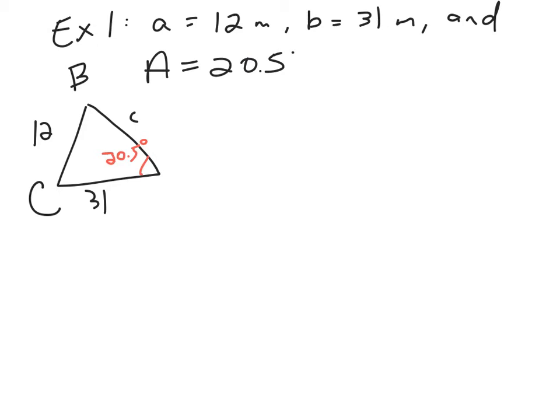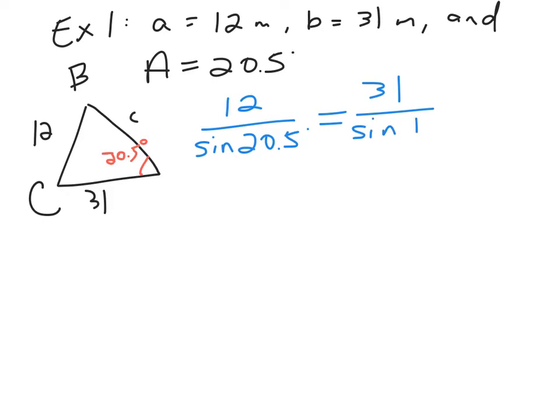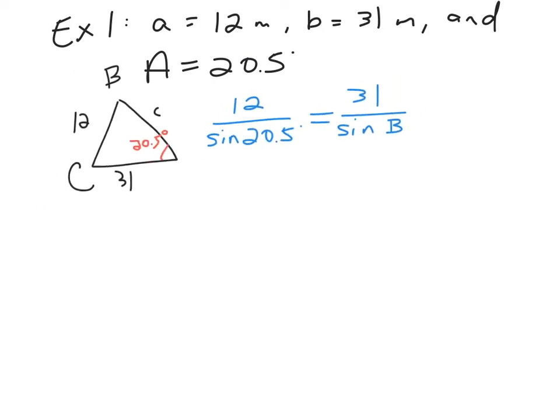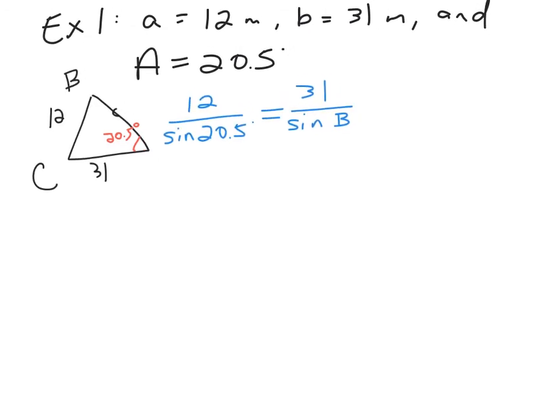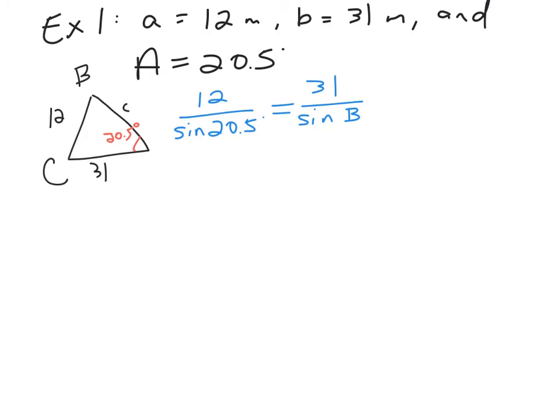So if we did 12 over the sine of 20.5 is equal to 31 over the sine of angle B. That's going to allow us to find angle B. So if we do our cross multiplication, 12 sine B is equal to 31 sine 20.5.